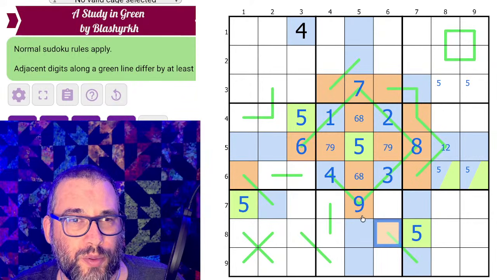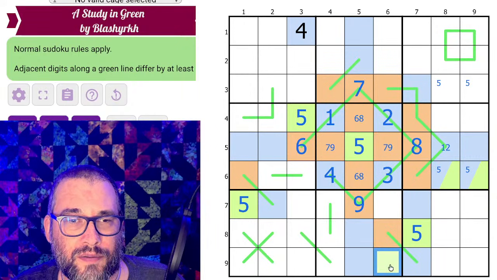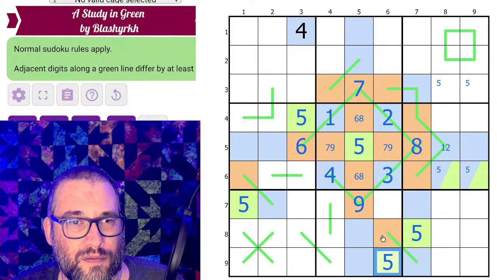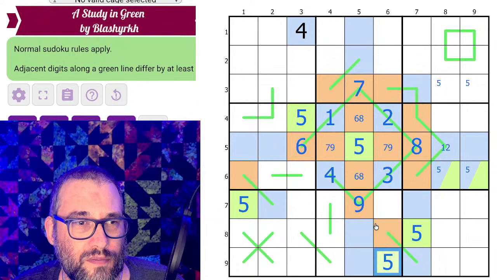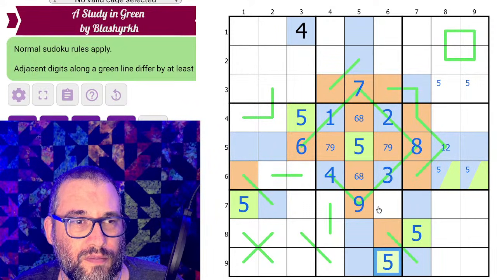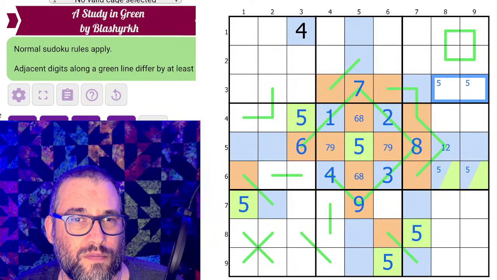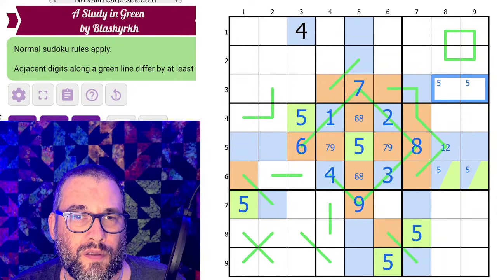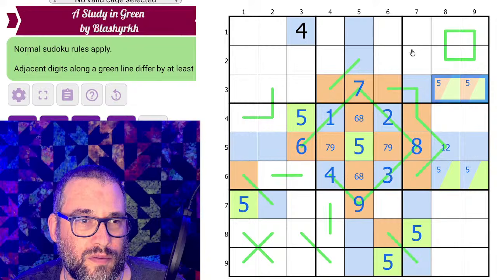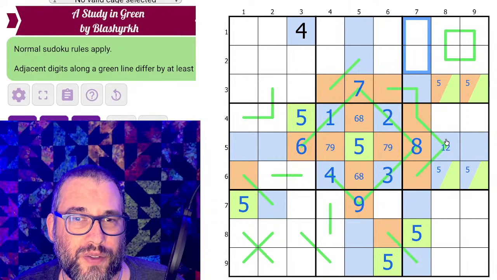Oh, we can probably give box 8 its 5. We certainly can. I have orange pair. This is an orange blue pair.